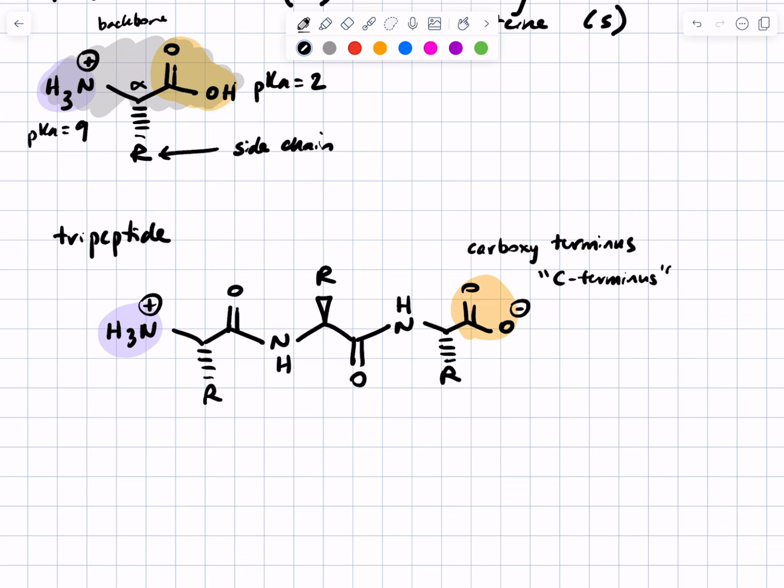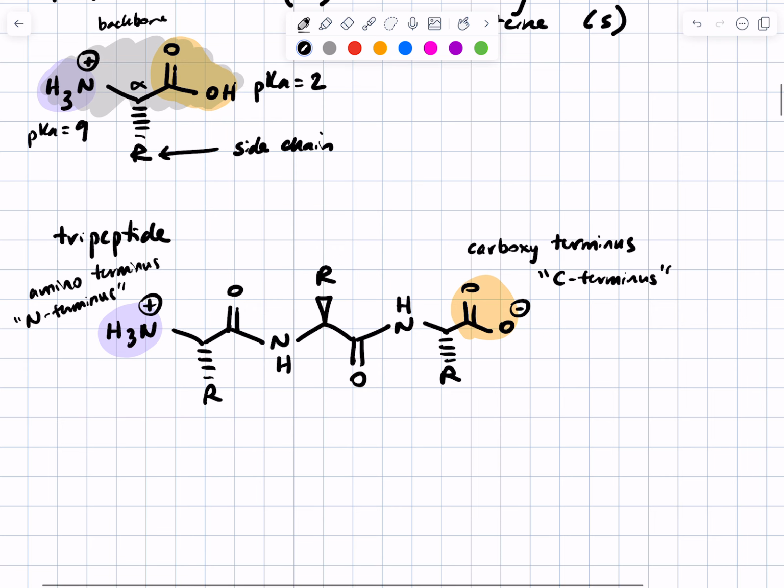And then over here is the amino terminus, or N terminus. So one of the first things you need to learn about peptides is they have directionality. The amino end is different from the carboxylic acid end.